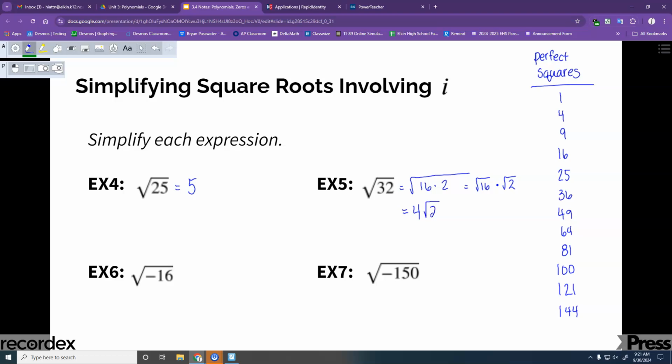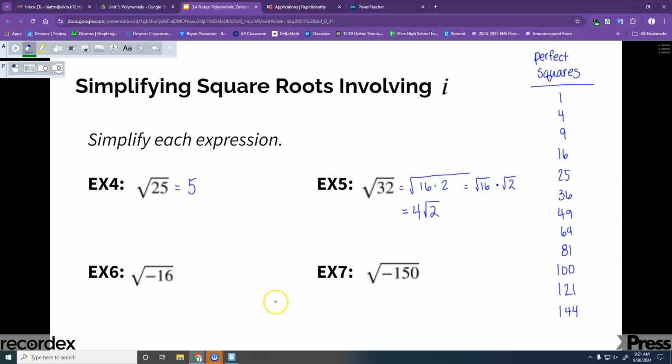So you would just leave it underneath the square root. So square root of 32 could be simplified into 4 square root of 2. I know that doesn't even really seem like it's much more simple, but in some higher level math that you get to, it can help you in simplifying stuff there.